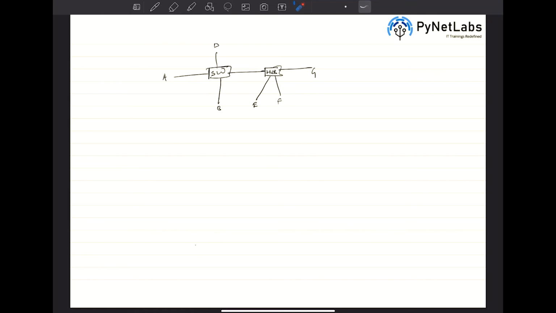So when we look at a switch, you understand a switch is a device that enhances scalability in a network by creating virtual channels, because this becomes another channel, this becomes another channel, this another, and that is another channel. And we call these channels collision domains. Cool.